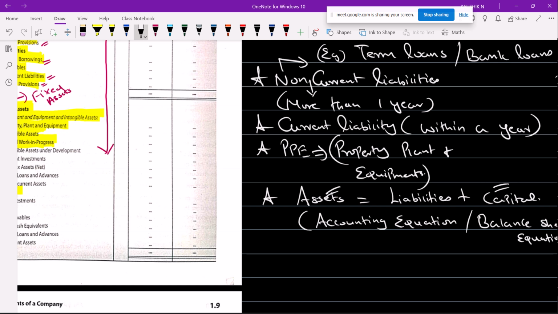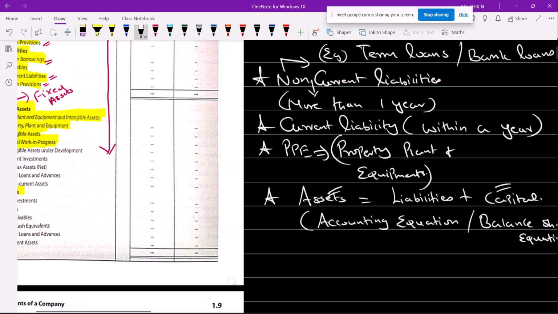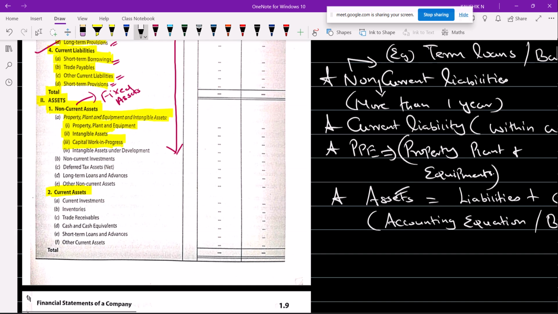So when I started the work of constructing something in the vacant area, if suppose it has still not got completed, it is in progress, we call it capital work in progress, which is an asset for a business, because I have started the work. To some extent, the formation of the building or the shape would have been completed.